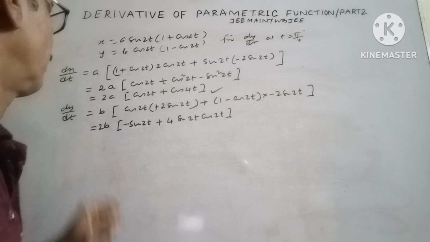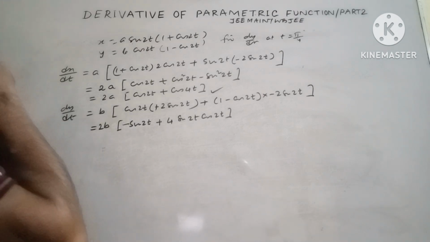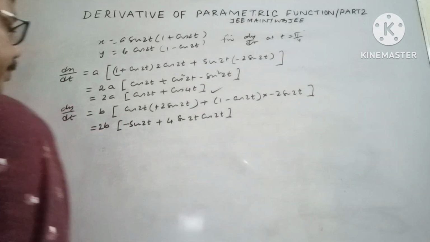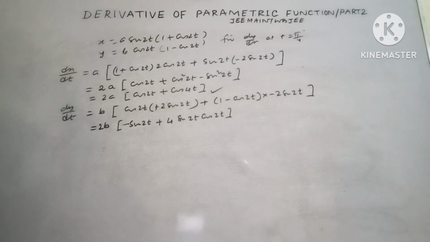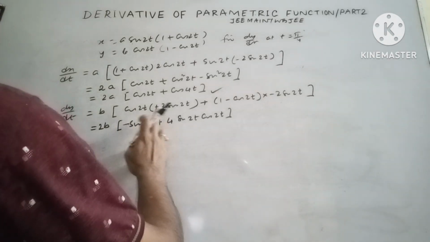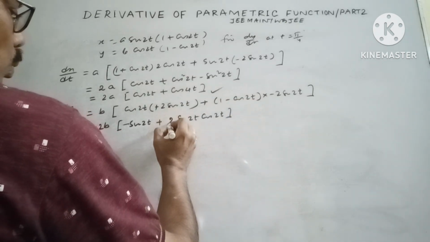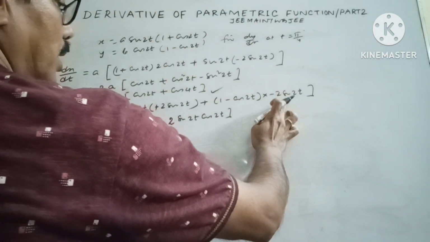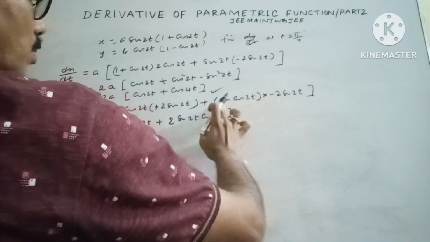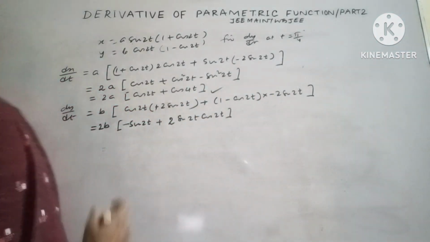So 2 common. So we have taken 2 common. So I think this is 2 sin 2t, 2 common, so minus. This minus plus.